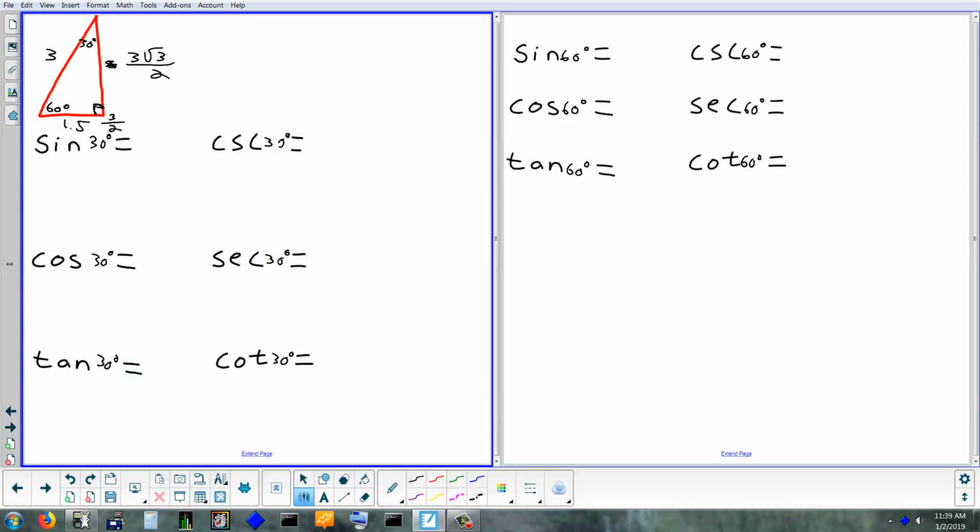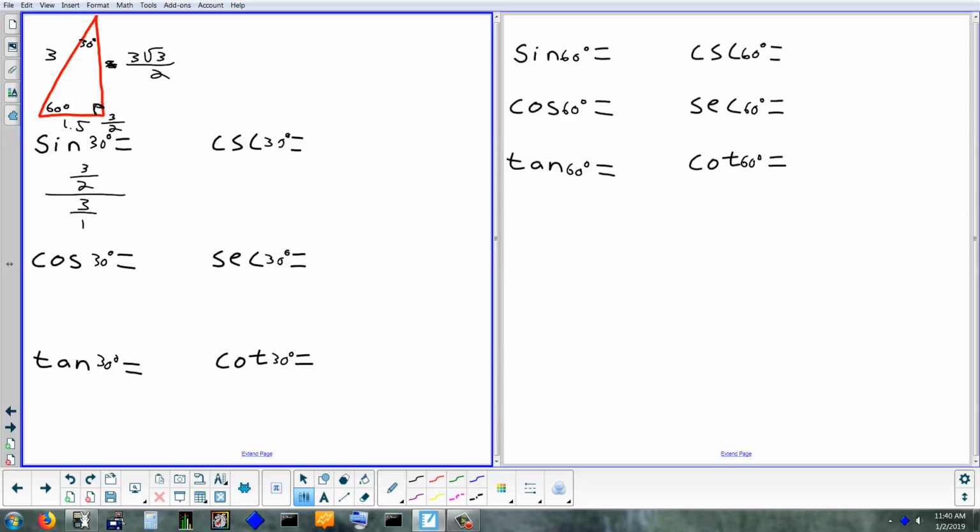All right, so I always want to simplify as much as I can, get rid of any roots that are in the bottom. So sine is opposite over the hypotenuse, which is 3 over 1, if you want to think of it that way. And now what do we do when we have to divide two fractions? Can't you multiply by those?